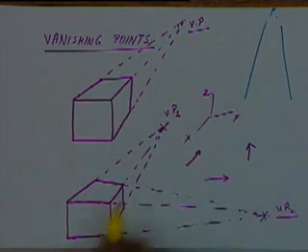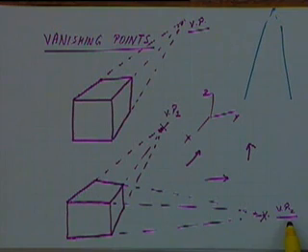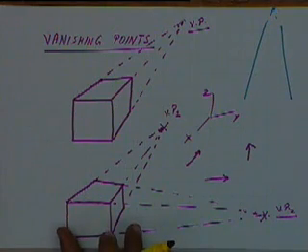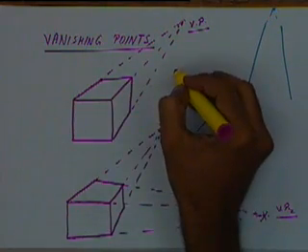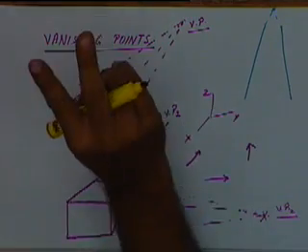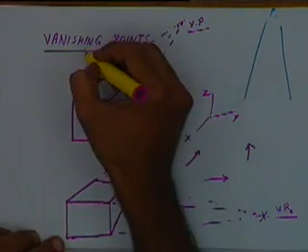This one corresponds to lines parallel to the x direction, and this one to lines parallel to the y direction. Lines parallel to the z direction continue to be parallel. So this is the case where we have one vanishing point, here we have two vanishing points, and similarly we can also have three vanishing points, where lines parallel to the z direction also seem to emerge from a finite point.